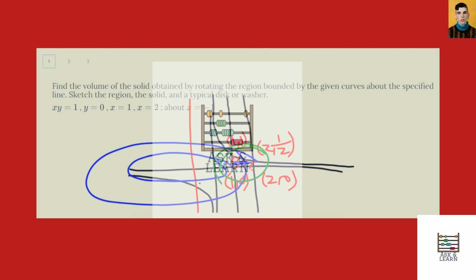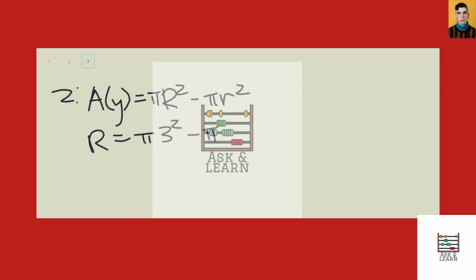Now, the smaller radius is also constant, in region 2 only though. The distance is from here to here, or the x equals 1 line to the x equals negative 1 line. That is always 2. Now, this is 9, this is 4. We get 9 pi minus 4 pi, that's 5 pi.